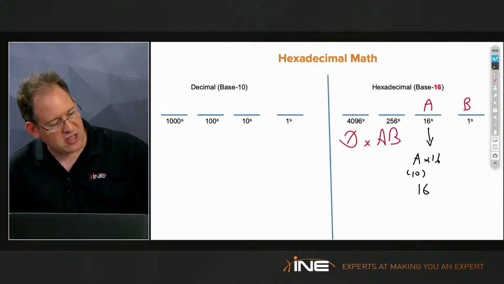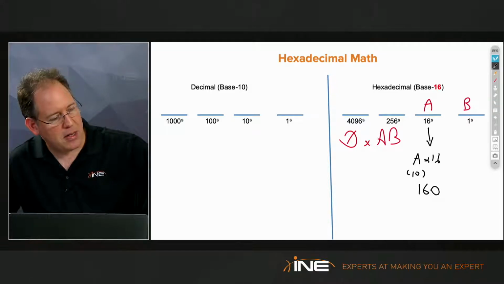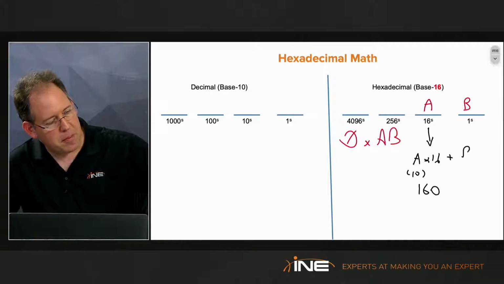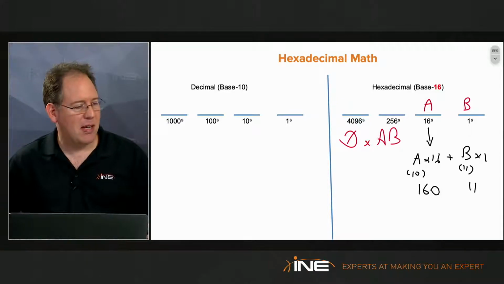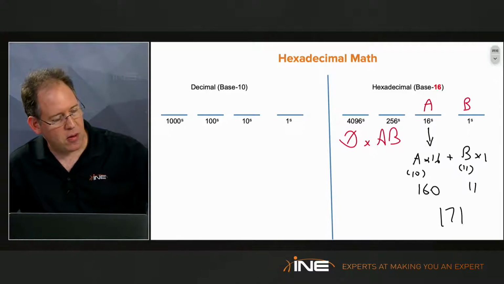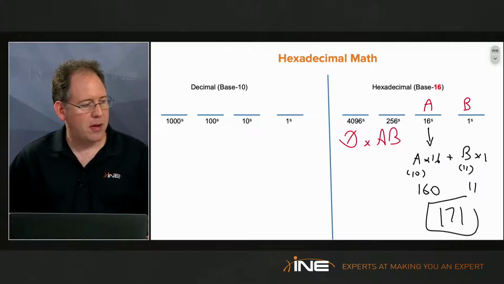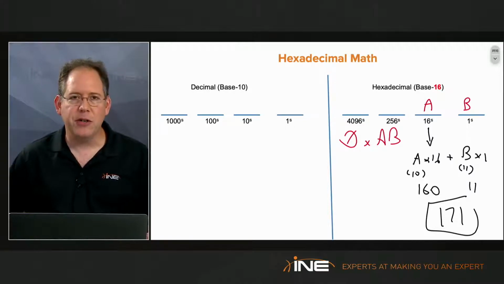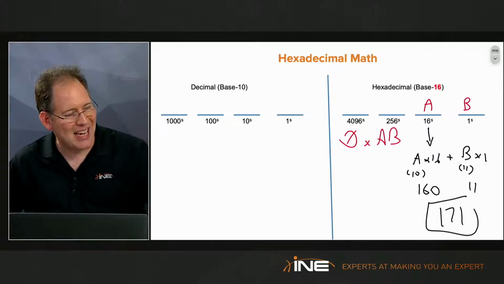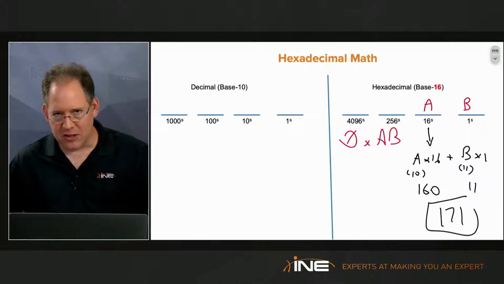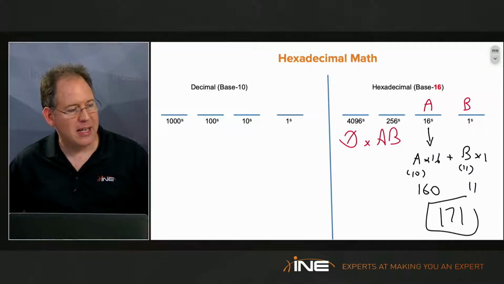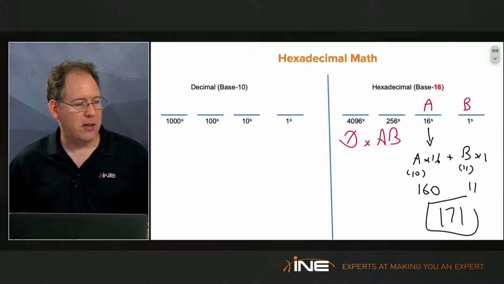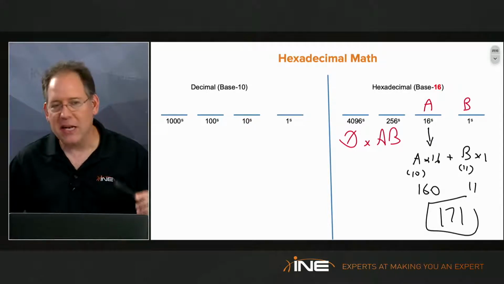So that's 160 plus B times 1, and we know that B is 11. So that ends up being 11. So 160 plus 11, 171. So 0xAB is 171. We have 10 16s, so 16 times 10, plus 11 ones, because A is equal to 10, B is equal to 11.